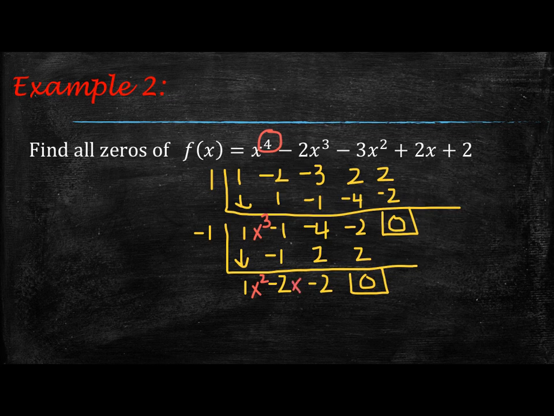Okay, so let's go ahead and look at this. So now we have a quadratic that we can use the quadratic formula on. So I'm going to do that over here. We're going to do the opposite of b, which is 2, plus or minus the square root, b squared, which would be 4, minus 4 times 1 times the c, which is negative 2.